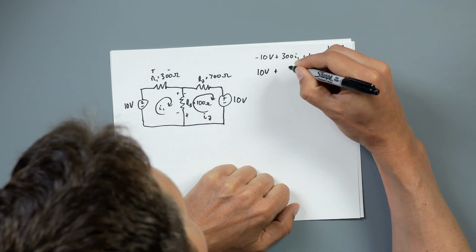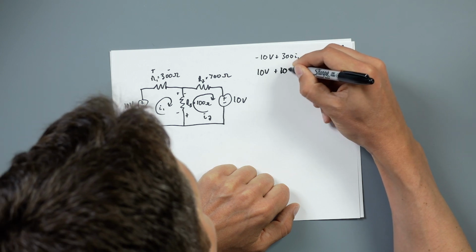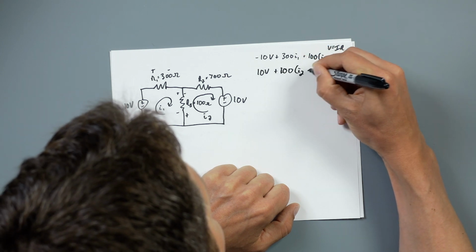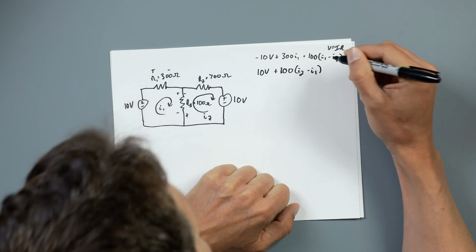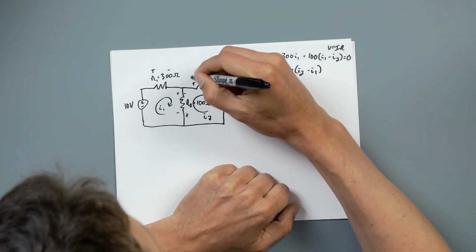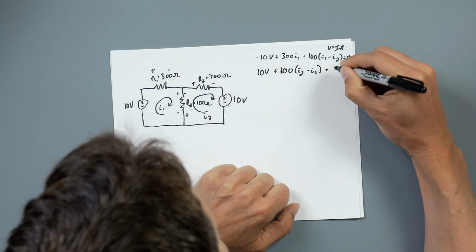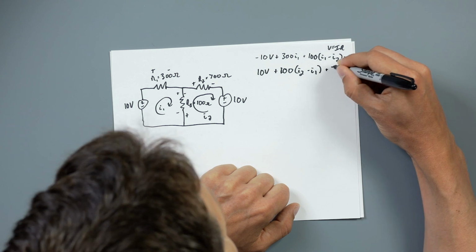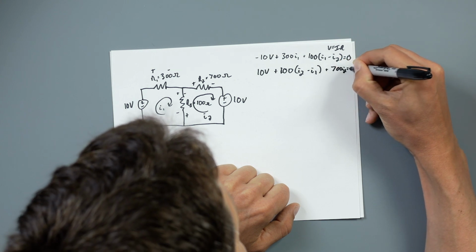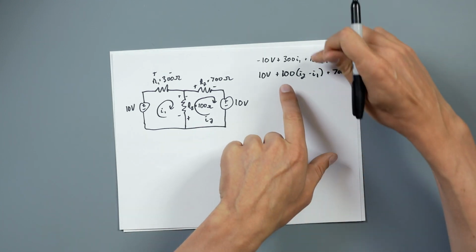So we have plus 100, and then it's I2 minus I1. And then here, since we're assuming that's plus and that's minus, because we're assuming current is flowing that way, then we're going to have a plus 700 I2 equals 0.